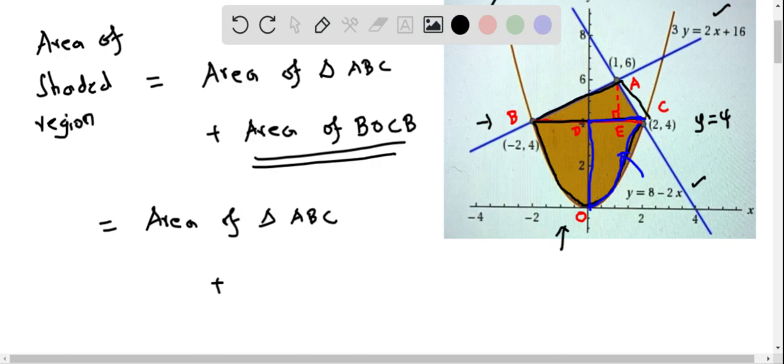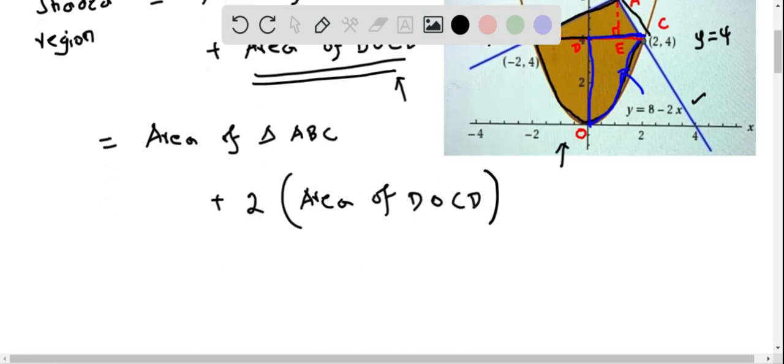So I can rewrite the area of this region BOCB as twice the area of the region DOCD.